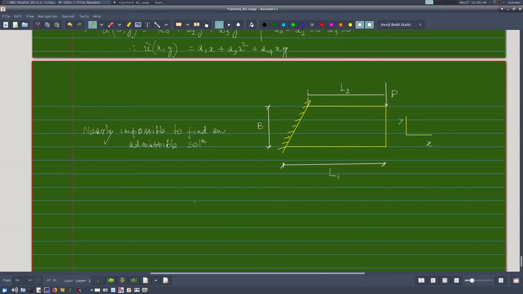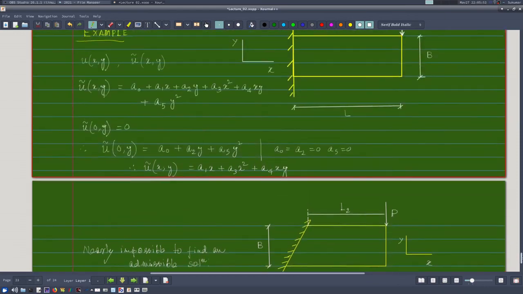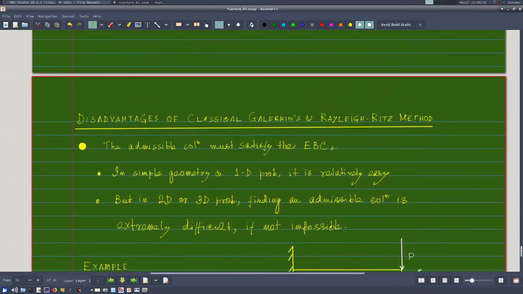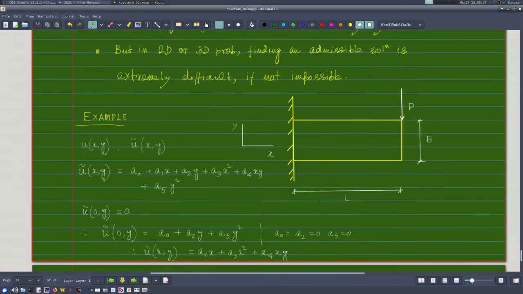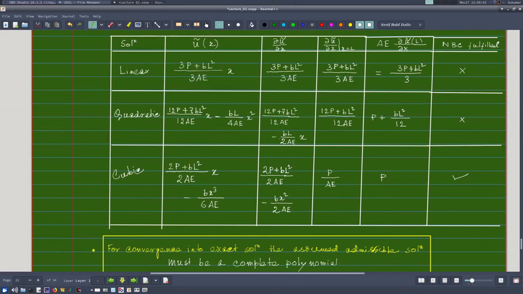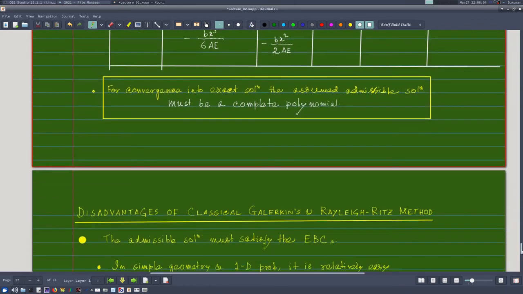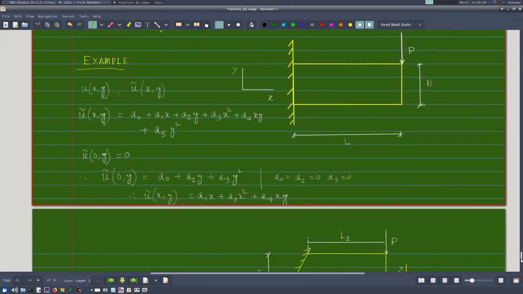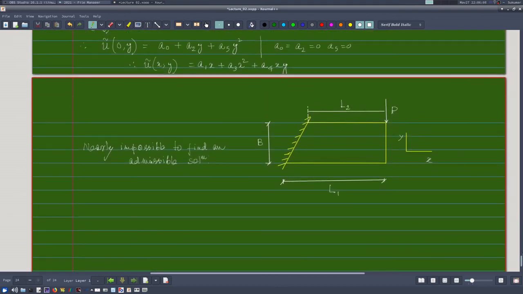With this, we come to the end of this class. I hope everything was clear. Please practice at least the linear solution of classical Galerkin's method, and also try to find the quadratic solution. Next class we will see how we can modify this method to find the finite elements.